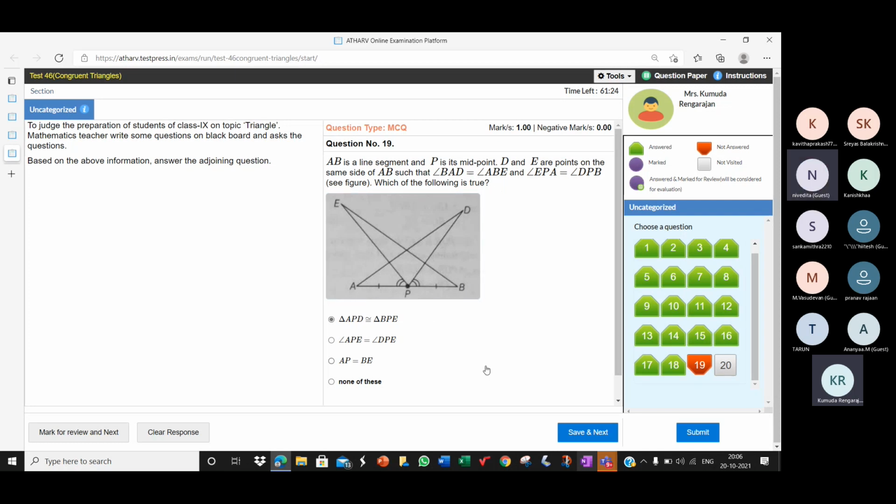So what is the rule? What's the congruence rule? Ma'am, ASA. Two angles and the included side.